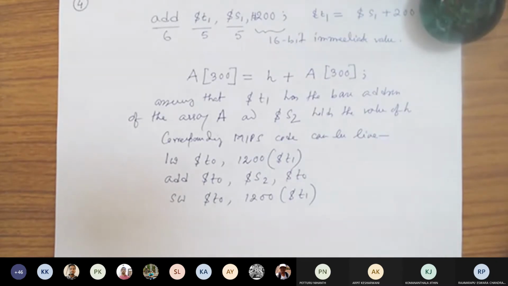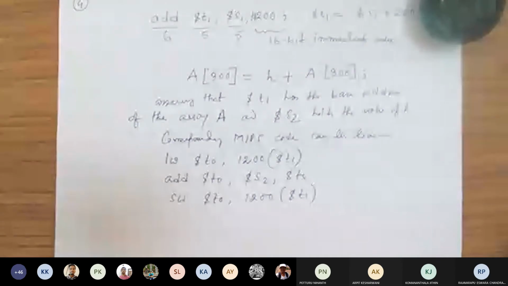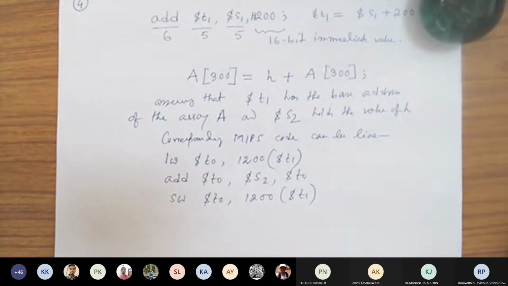Seven, Arpit. Present, sir. Eight, Anudeep. Nine, Sujit. Ten, Nitish. Yes, sir. Present, sir.